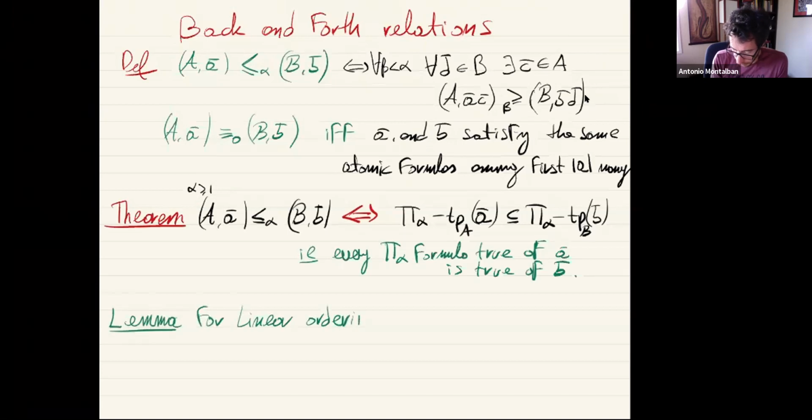Again, I'm using the example of linear orderings because they are the simplest to play around with in a course like this. A and B, which have first elements.